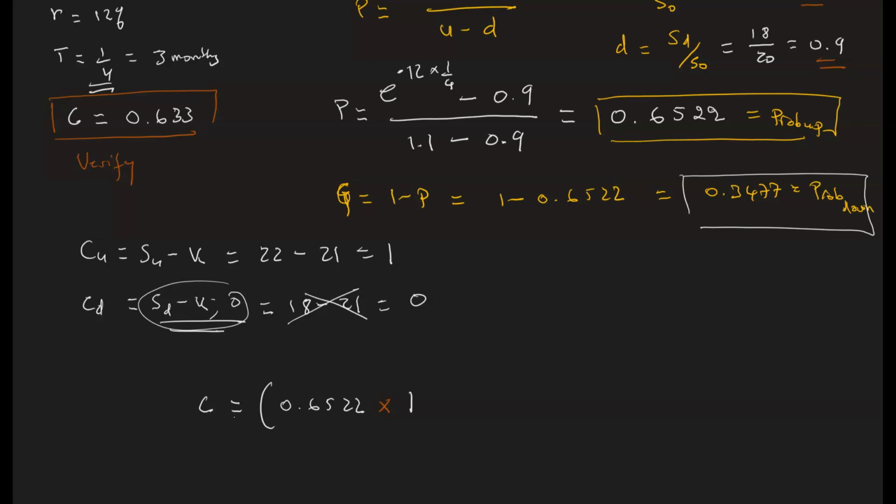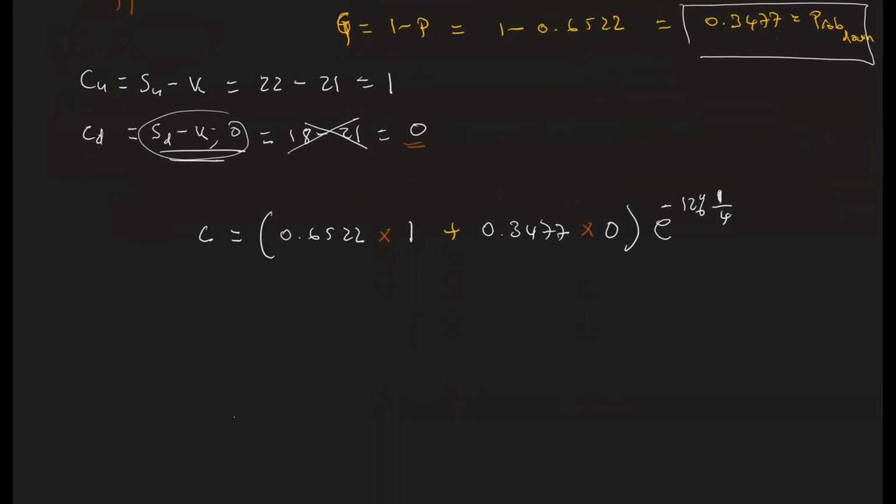And then we're going to take the present value of that at the risk-free rate of return, which is 12%, divided by 4, multiplied by 1/4.